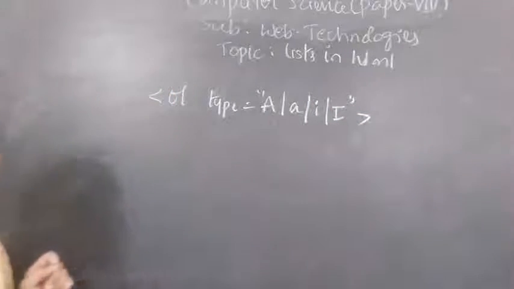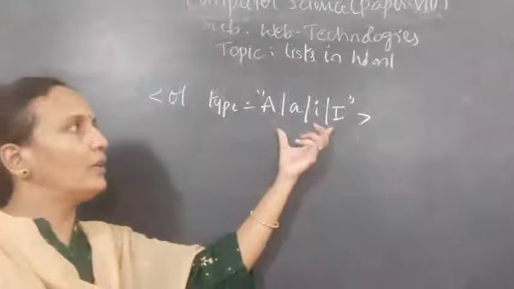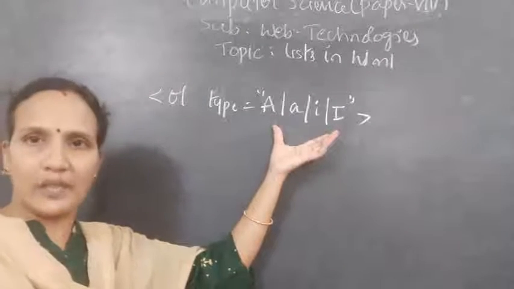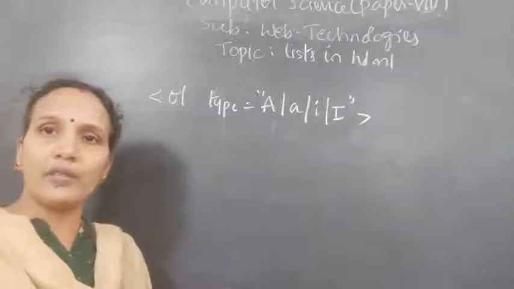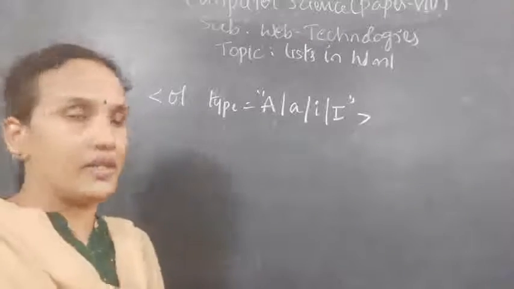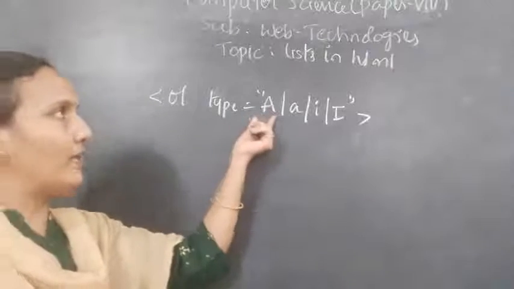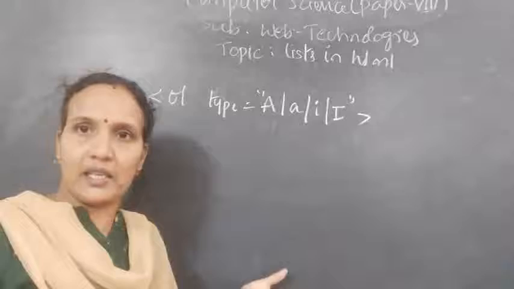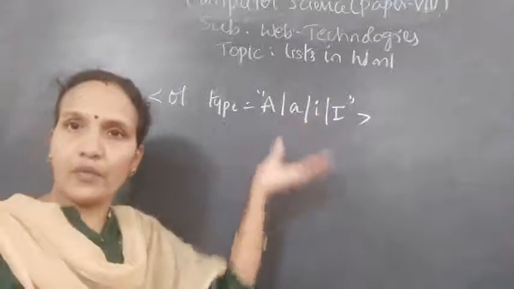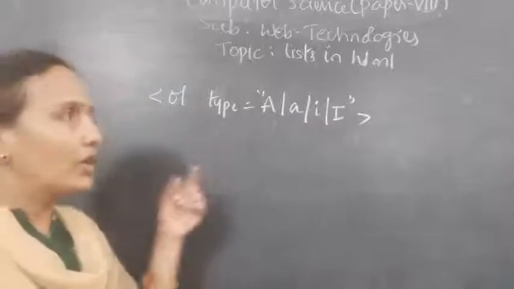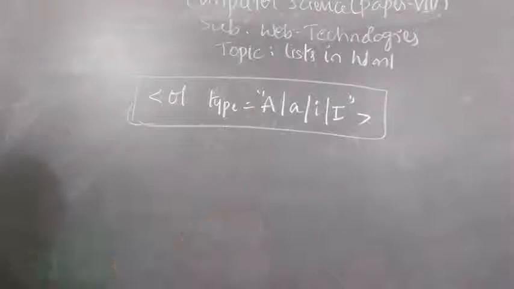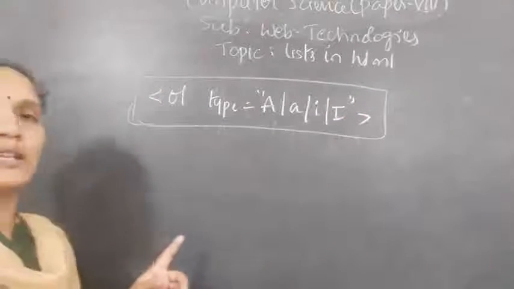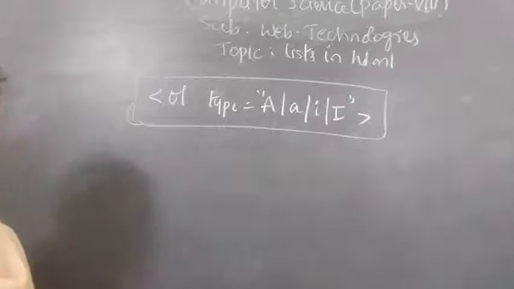You can give different types of sequences, but you need to give the first character of the sequence. If I have given capital A, you are following that sequence. If you have given small a, you are following that sequence. This is the syntax, and it should be inside the opening tag only. Remember that.